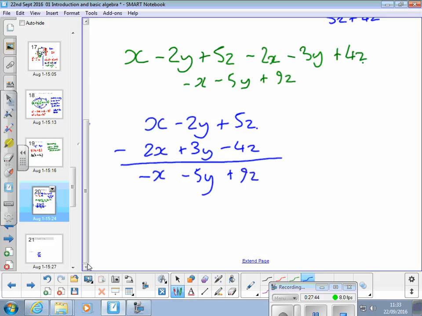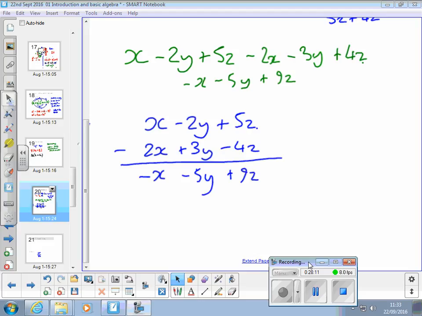But not so many people apply it to expressions like this, but you can. There's no reason why you can't. You need to have all your terms collected, and of course one of these expressions might not have a term in y in it, but that still doesn't make any difference. Just subtracting nothing away.